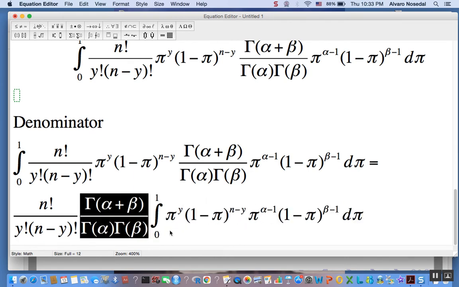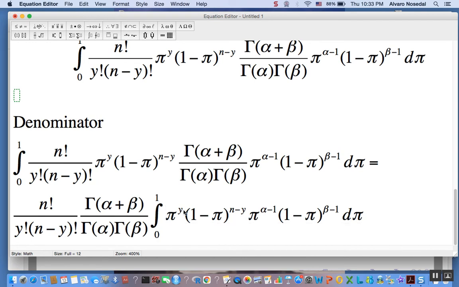Okay. Now let's do something similar to what we did before, right? And I can borrow that from the numerator. This is exactly the same thing that we did for the numerator. We're just combining these terms, okay?